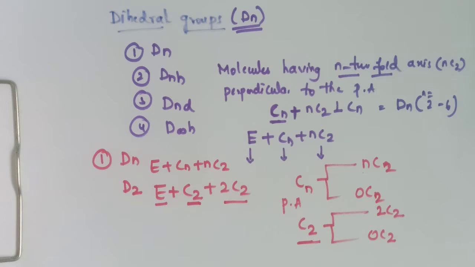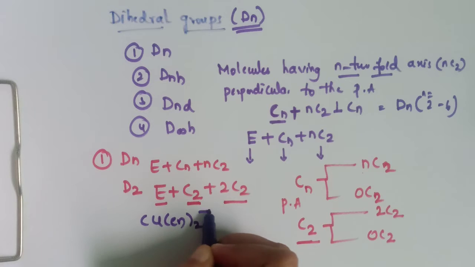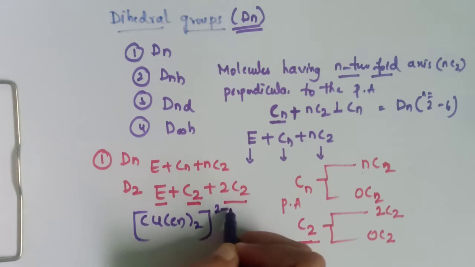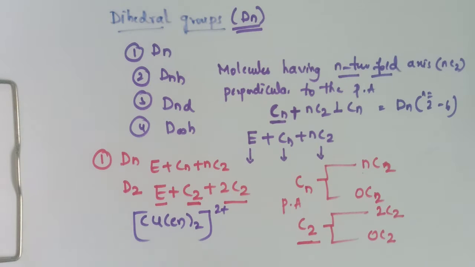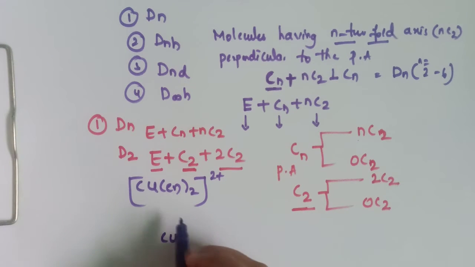Now let's take the example for this D2, that is Cu(en)2 2+. This is the example for this D2 point group. Let's draw the structure of this Cu and NH2.